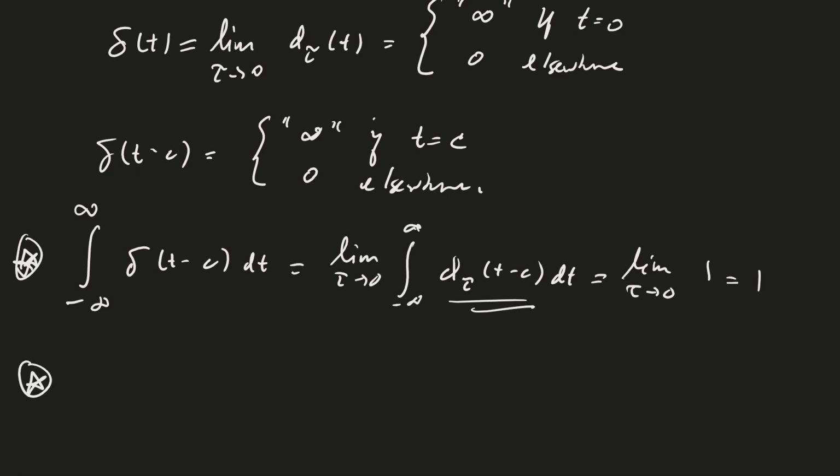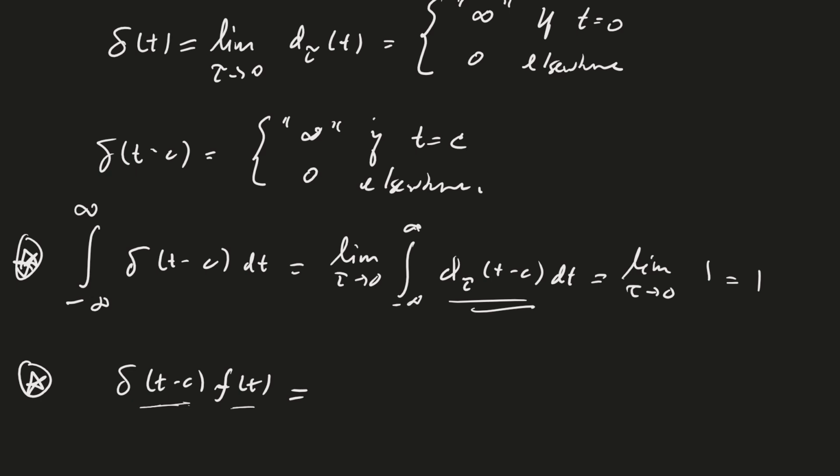Furthermore, another important property about the Dirac delta function is the following. If I take the Dirac delta function and I multiply it by a function of t, then notice that because the Dirac delta function is 0 everywhere except at time c, the only piece of f of t that is going to matter is f of c.